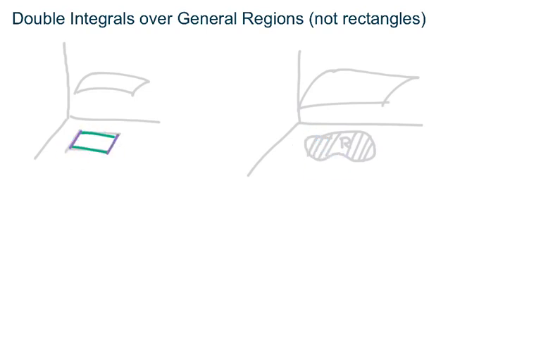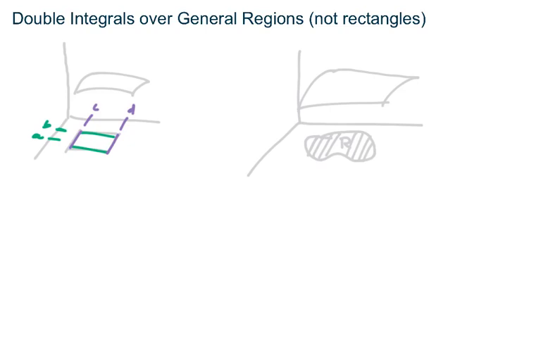Not everything will be a constant. Here we were able to find two constant x values, a and b, and then two constant y values, c and d. And that's no longer going to be the case.